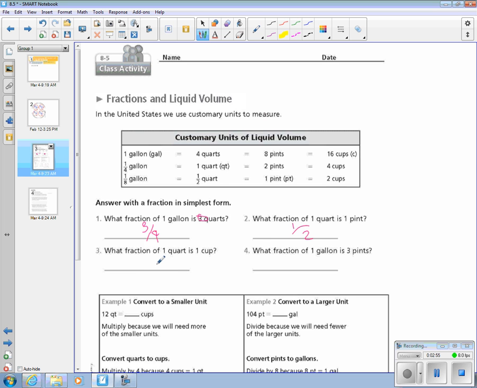Well, we know there's 4 cups in a quart, and it's asking for 1, so our fraction's 1/4. Next, we go to what fraction of 1 gallon is 3 pints? Well, there's 8 pints in a gallon, so that's going to be our denominator, and it's asking for 3, so 3/8.